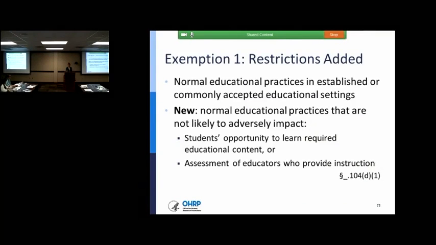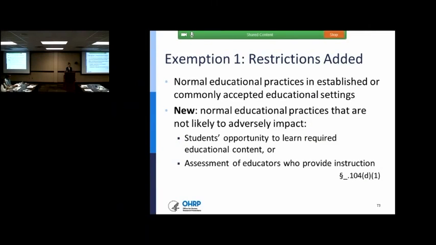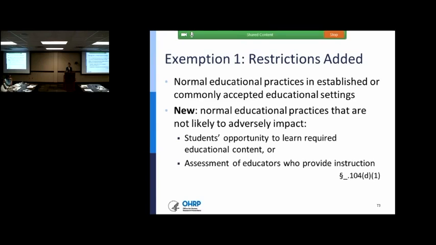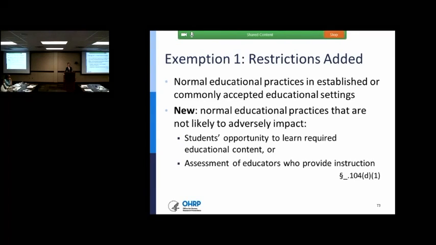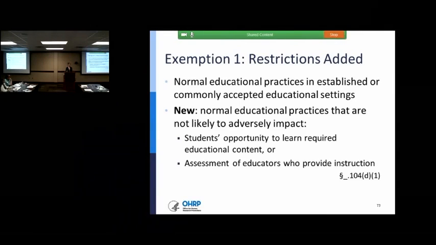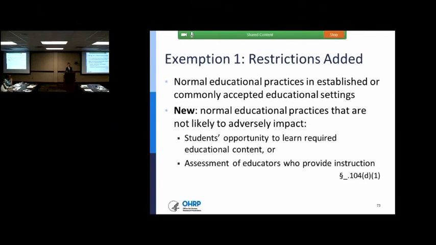Some restrictions have been added. Exemption 1, as we discussed before, was normal educational practices in established or commonly accepted educational settings. What's new in the revised common rule is the addition that these normal educational practices are not likely to adversely impact the students' opportunity to learn the required educational content, or the assessment of the educators who provide this instruction.